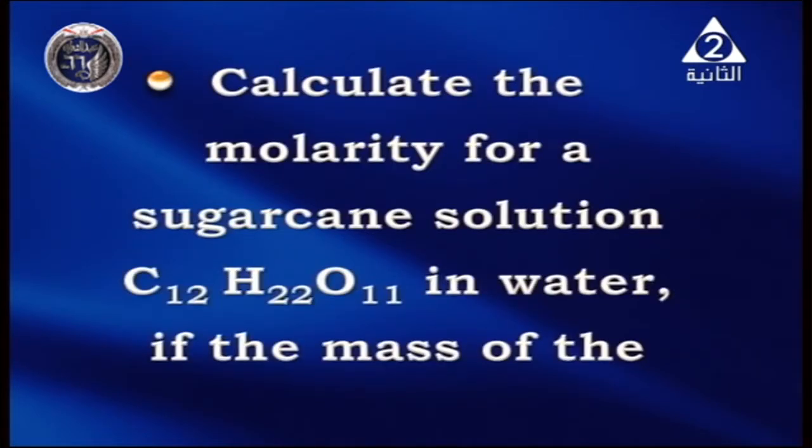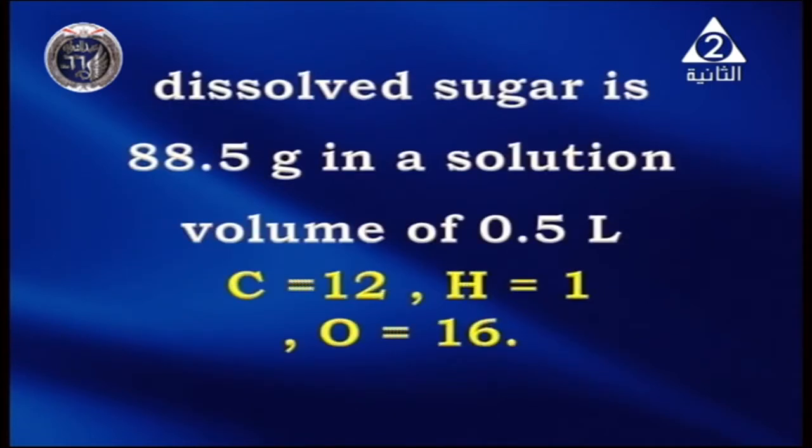Another problem. Calculate the molarity for a sugar cane solution that has molecular formula C12H22O11 in water, if the mass of the dissolved sugar is 88.5 gram in a solution volume 0.5 liter, where the atomic mass of carbon equal 12, hydrogen equal 1, oxygen equal 16.